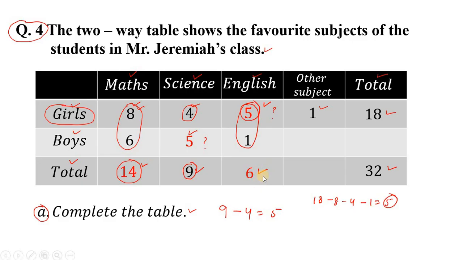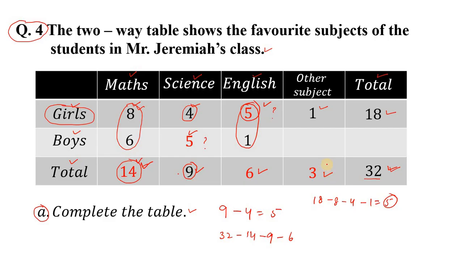And now we have to find the total of other subject. First of all, subtract all the totals from the final total. The final total is 32 minus 14, the total of math subject, minus the total of science subject, which is 9, minus the total of English subject, which is 6, we get 3.